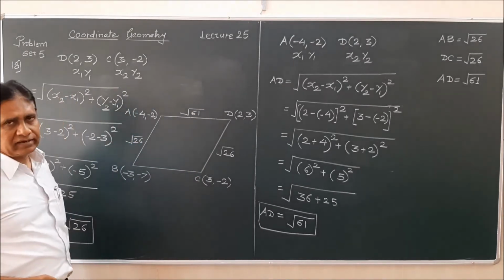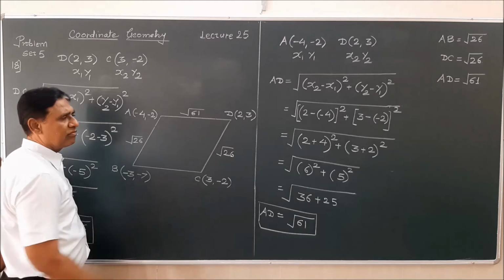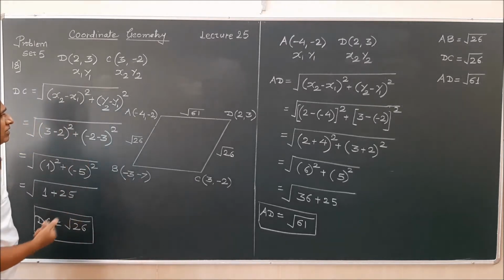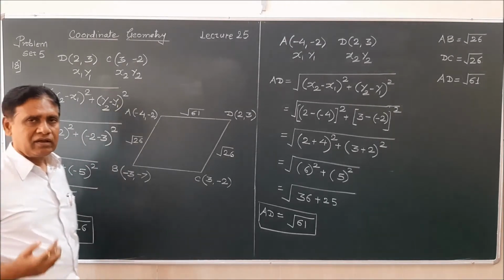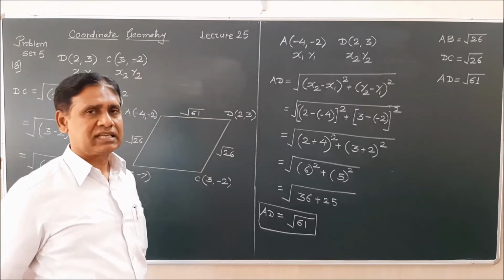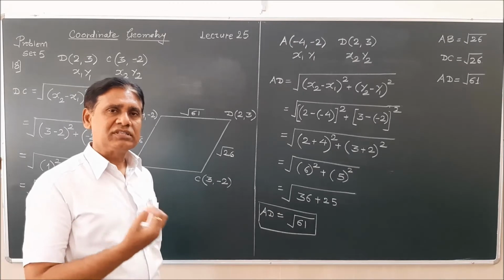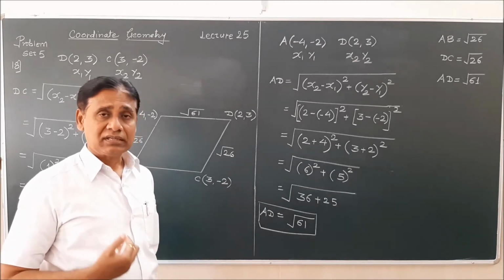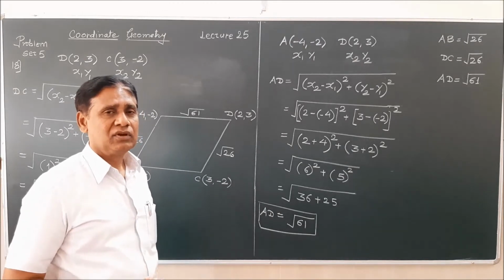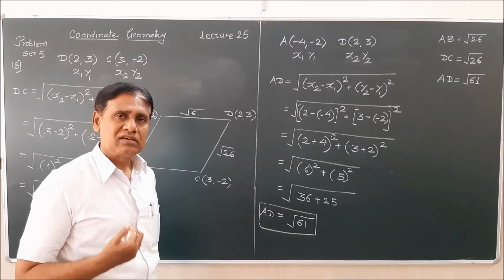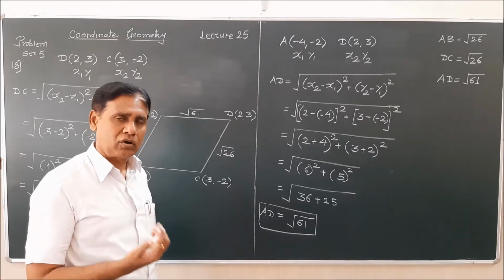Now I am going to find out the value of BC, the same way. First of all, I am going to verify whether opposite sides are congruent or not. If I get that opposite sides are congruent, then my next step is to verify whether their slopes are the same or not.